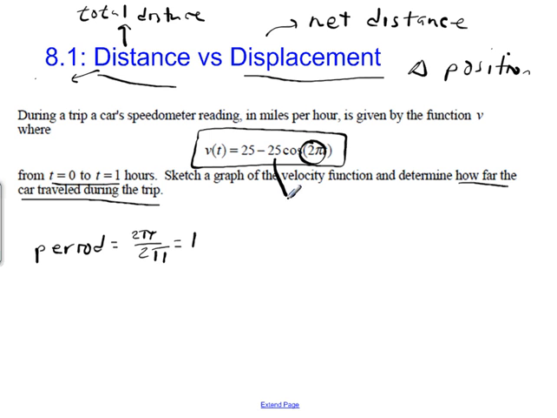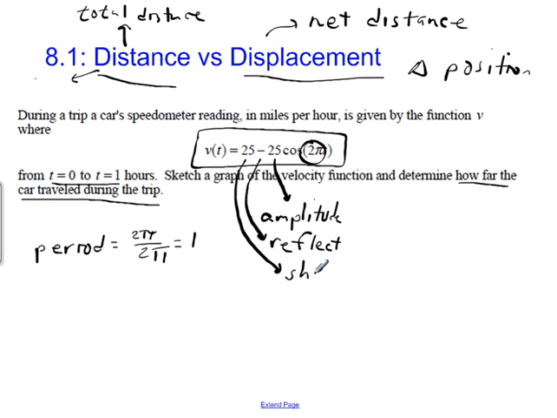And what's the effect of this? Well, that's our amplitude. And the negative is going to reflect it. And the 25 shifts it up.